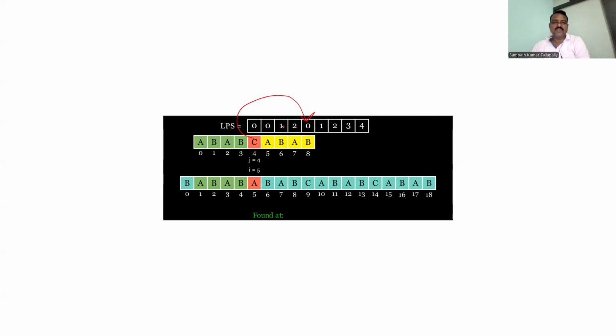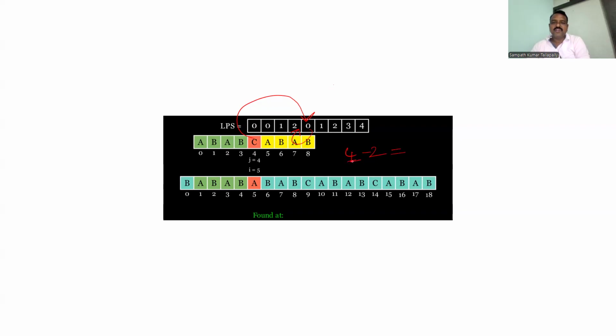So 0, 1, 2, 3, 4. So we'll take the control here and we subtract the value of J minus 1. If I subtract J minus 1, this is going to point to this value 2.